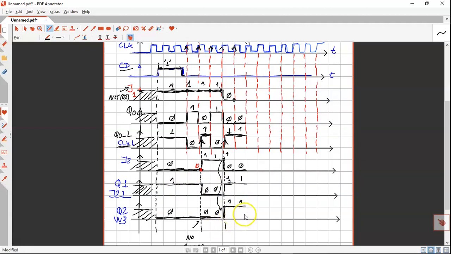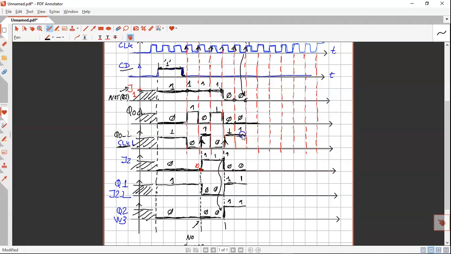And now, I guess that if this is 1, well, this one here, J1 is going to be 0. And now you see you have another period and you are sampling another time a 0. And this is going to make the things the same as before. If you are sampling a 0, the Q0 is going to be kept as it is, because it's the JK flip-flop that is doing nothing at all, keeping the state.